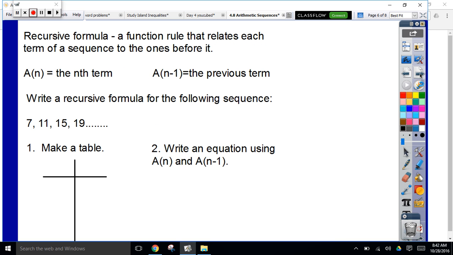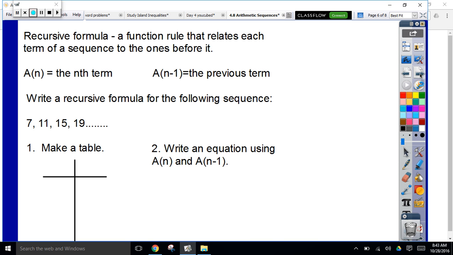Now, let's talk about recursive formulas. A recursive formula is a different kind of function rule. It's a function rule that relates each term of a sequence to the ones before it. So, a of n stands for the nth term. So it could be any term that we're talking about. A of n minus 1 is talking about the previous term, so the term that came right before the nth term.